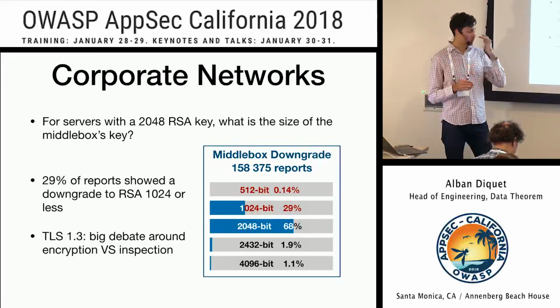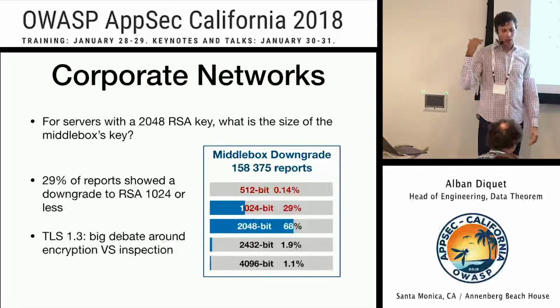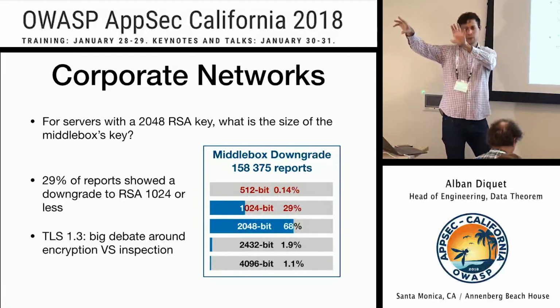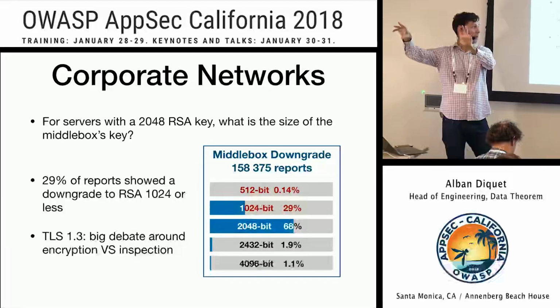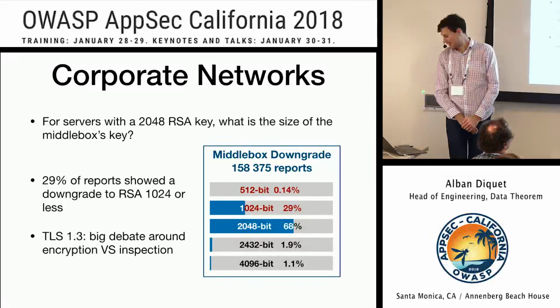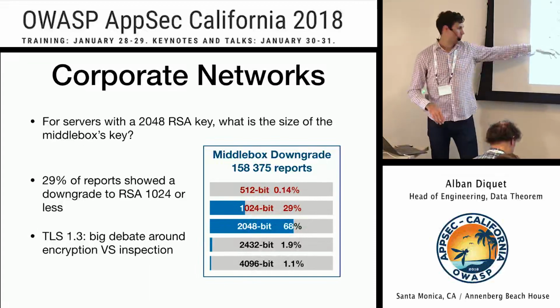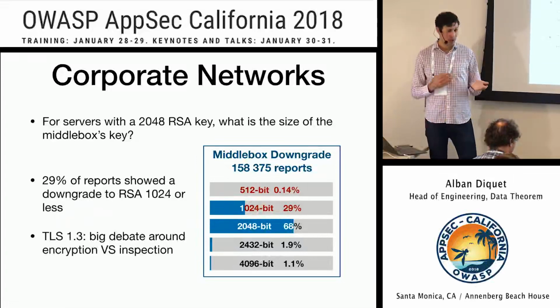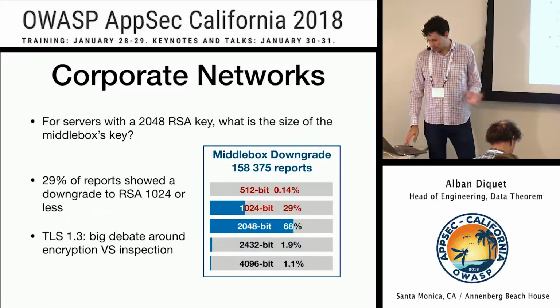For 30% of the reports, when the real server's key was 2048 bits, the key that was used by the intercepting device was only 1024 or less. So that device sitting in the middle, where your phone is here, was downgrading the security of the connection. That's not great. I won't go into that, but there's a big debate about that around TLS 1.3, which I think is about to be released. But anyway, it's a big thing with lawful interception.